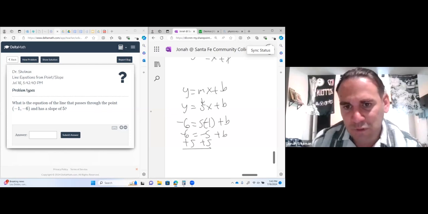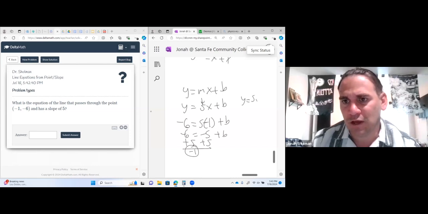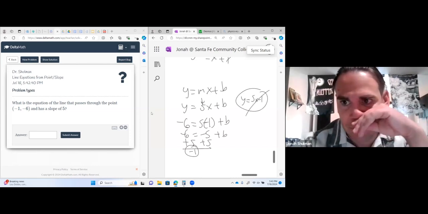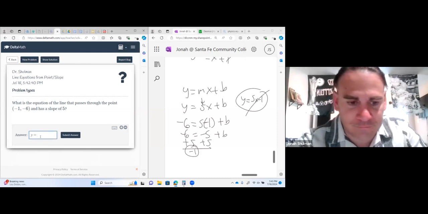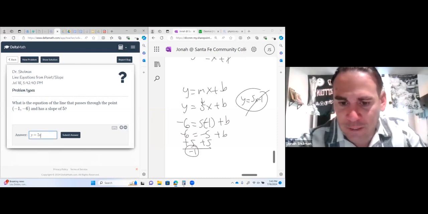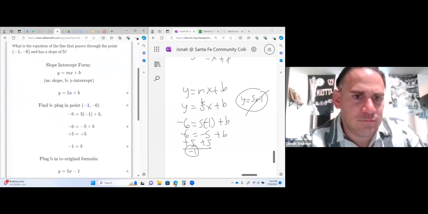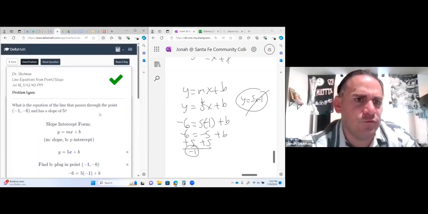What's a -6 plus 5? That is going to be a what? -1. So it's going to be y equals 5x minus 1. If it was 0, there wouldn't be any, right? You'll see when you plug it in if it's going to be something different. 5x minus 1. Beautiful. There's the graph.